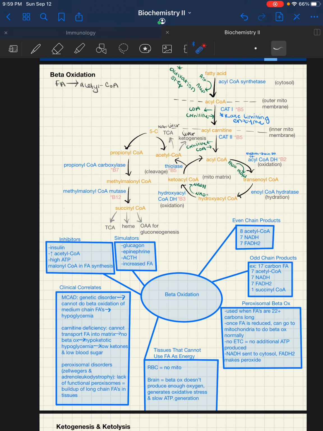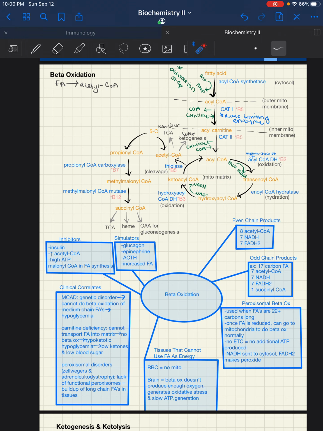There's a few clinical correlates that we learned about. So MCAD is medium chain acyl-CoA dehydrogenase deficiency. It's talking about this enzyme here. If we don't have this enzyme, or if it's inhibited, we can't do beta oxidation.